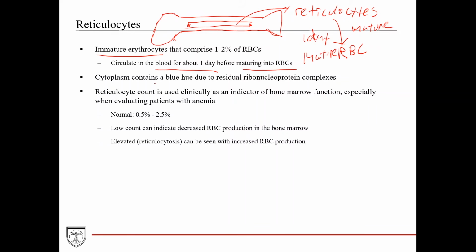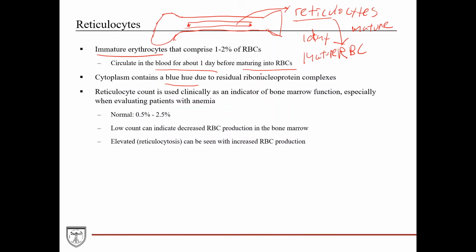And histologically, reticulocytes are going to contain a blue hue to the cytoplasm. So they're not going to be as brightly eosinophilic or brightly red. This is due to the fact that as red blood cells go through erythropoiesis in the bone marrow, even at the stage of a reticulocyte, they have some ribonucleoprotein material.